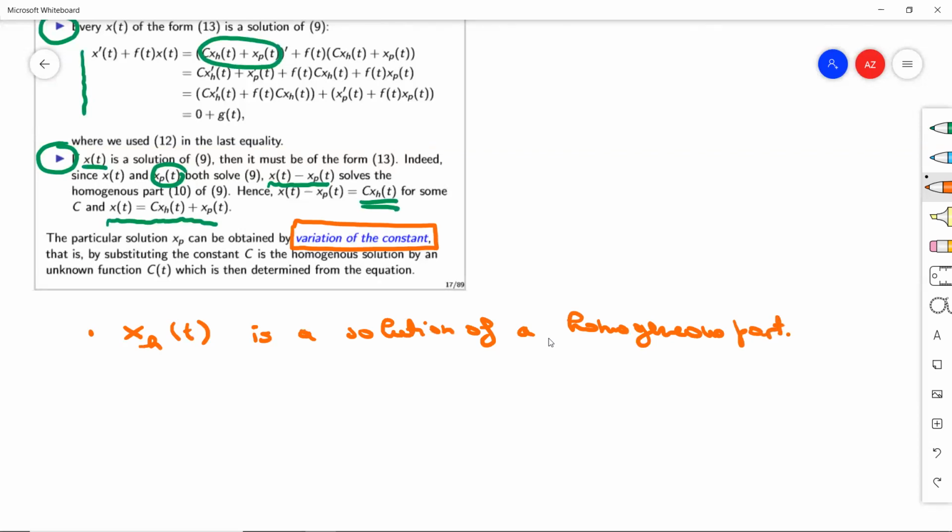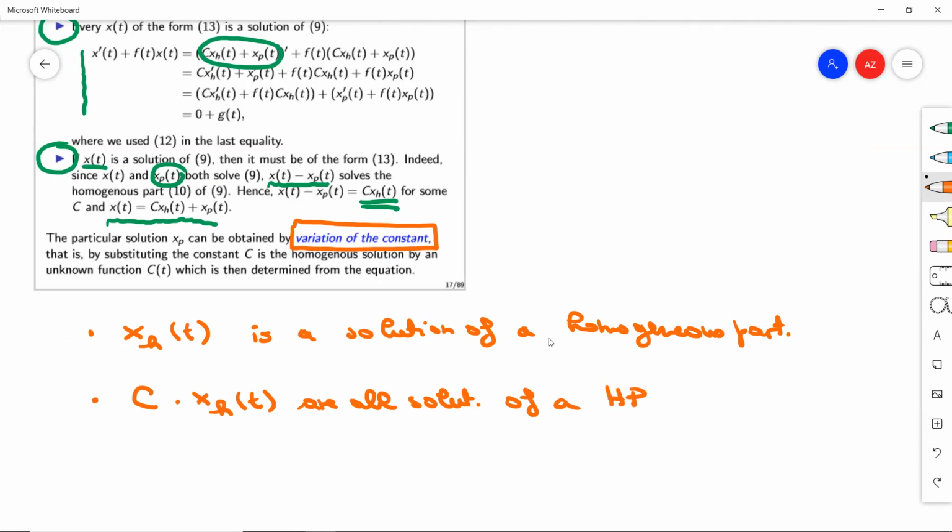And what I do now, so all the solutions are then C times XH of T, where C is a constant. C times XH are all solutions of a homogeneous part.